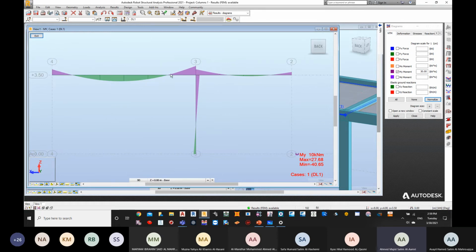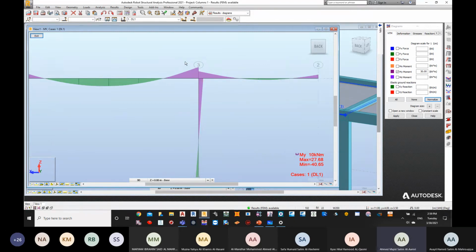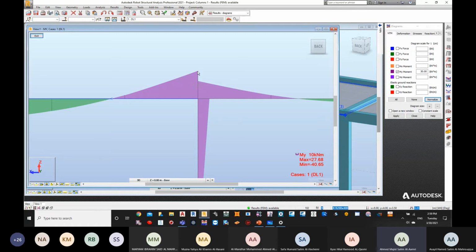Of course, because of the length, the left side beam, which is the longer beam, is going to have more moment than the shorter beam. This is the top moment for the left side beam. This is the right side moment for the shorter beam. The difference between them, for example, if this is 50 and this is 30, is 20. You can see that the left side is stronger, or it's going to have more moment than the other side.